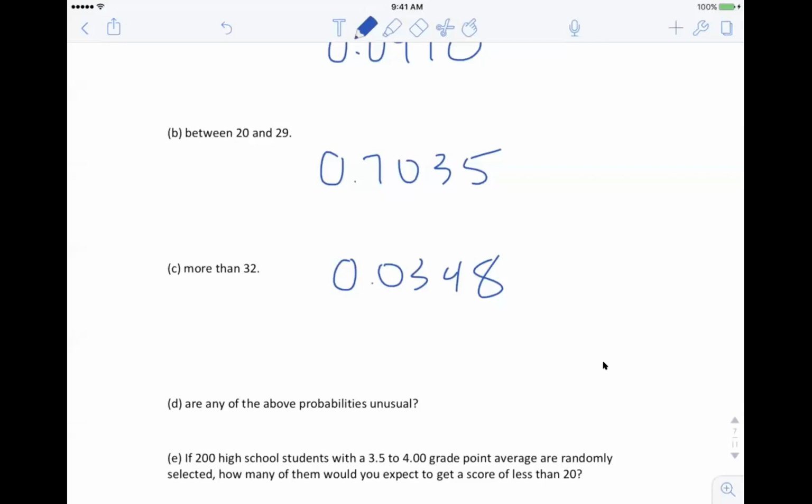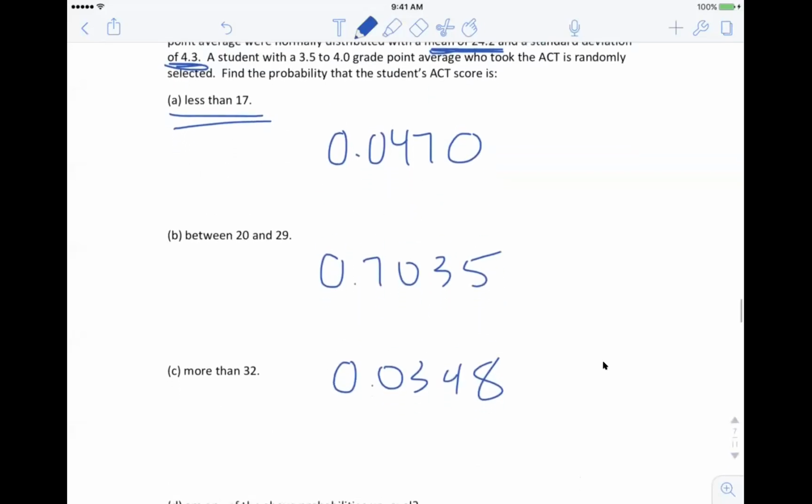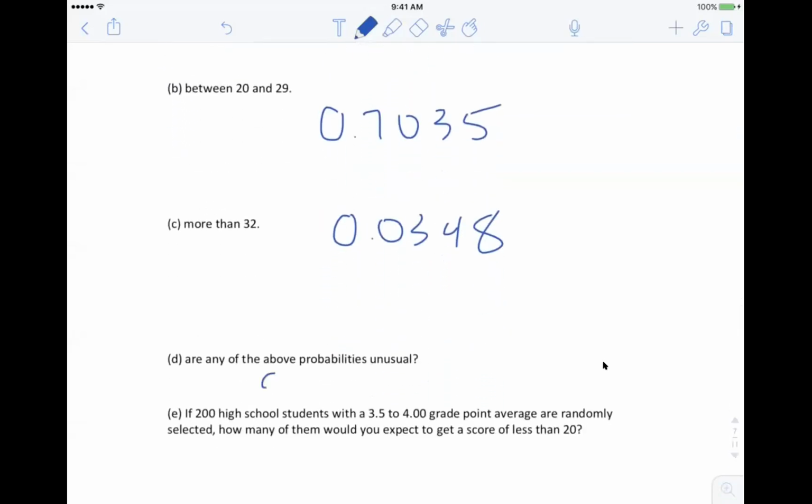So our standard rule is if the probability is less than 5%, we're going to call that unusual. Another thing that we'll use is if the z-score is more than 2 or less than negative 2. So those are two rules that we're using right now. So if any of these are less than 5%, go ahead and call it unusual. So we're going to go with A and C on that.